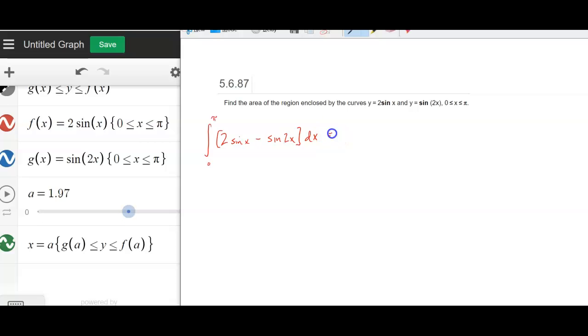All right. So the antiderivative of 2 sine x is negative 2 cosine x, right? And then minus the antiderivative of sine of 2x, which is negative, but I'll make it a plus, 1/2 cosine 2x. Again, you can always take the derivative of that to check to make sure it's right.